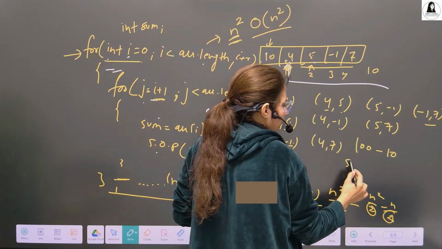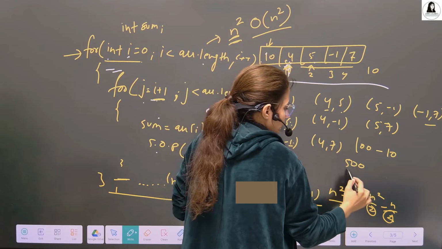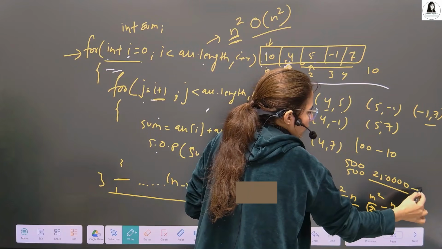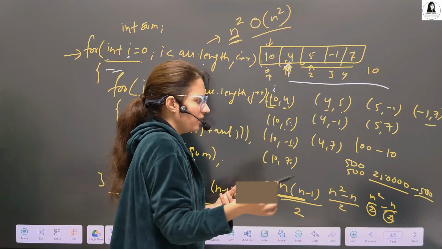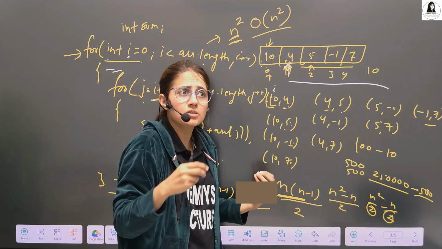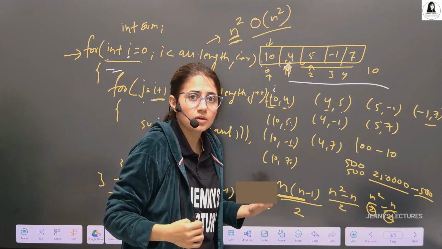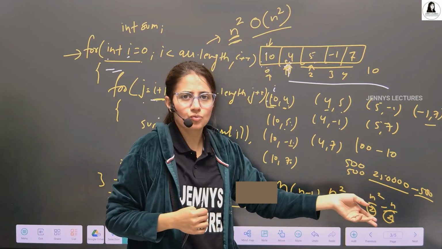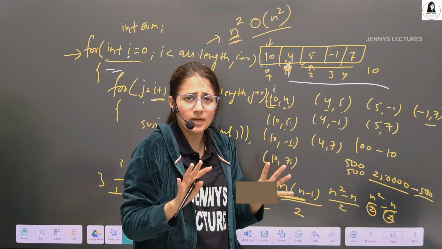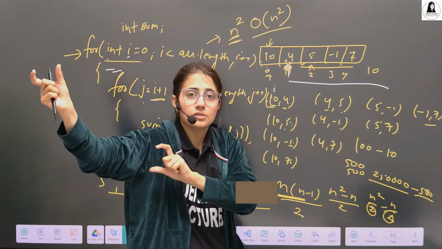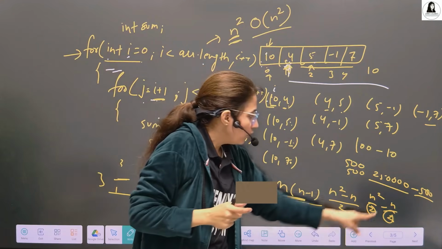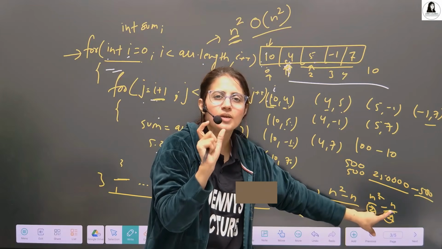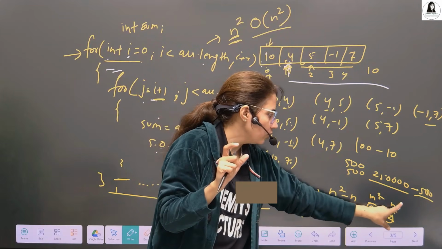Suppose n is 500, n square minus 500. Does 500 really matter here? Or if n is 1000, or 10,000, we have 10,000 square minus 10,000. So this n doesn't really matter when the input size increases. n square has the higher degree, so n is the less dominating term, and we just ignore it.